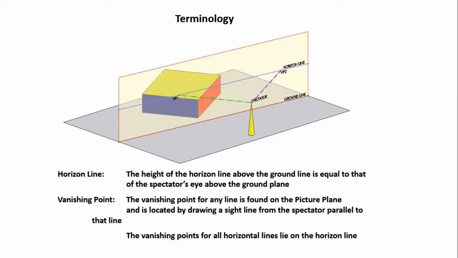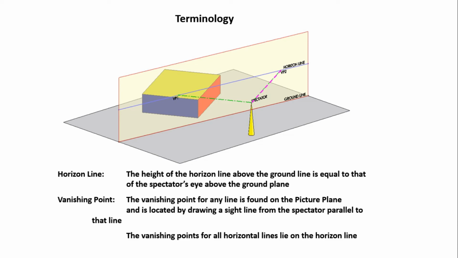The vanishing points for all the horizontal lines lie in the horizon line, but the vanishing points for the vertical lines lie in some other plane, but we are not bothered about it, because we have to draw only up to 2-point perspective.